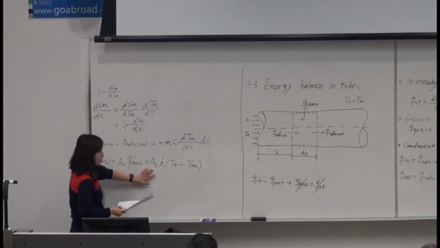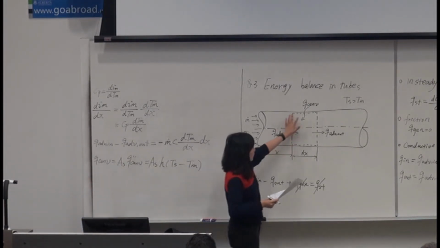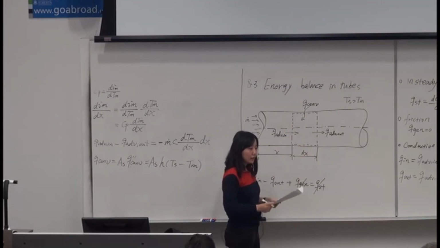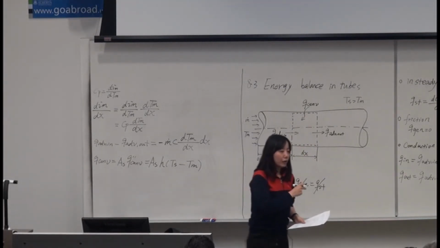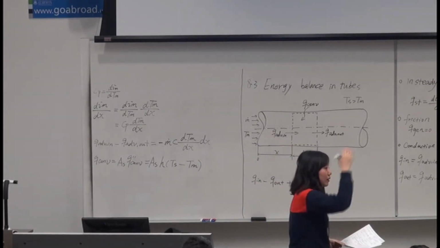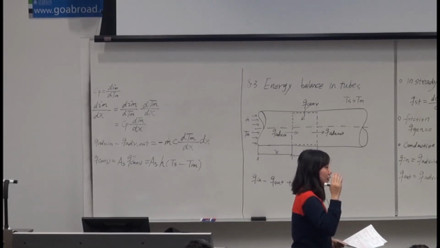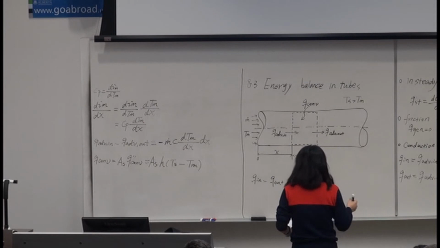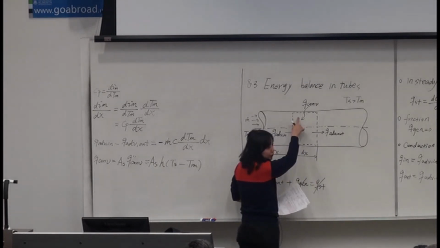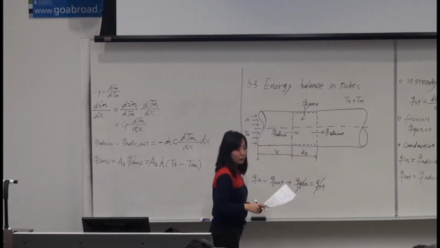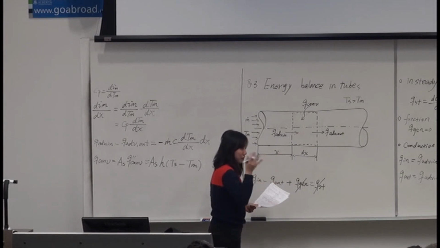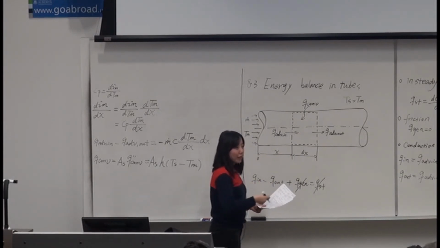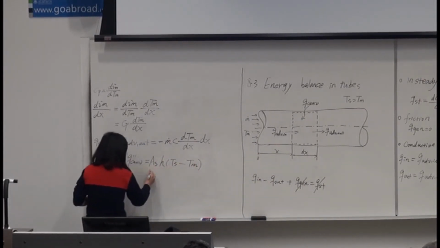How about the surface area? Inside this differential element, what's the area where convection happens? Like a cylinder, right? The side surface of the cylinder, not the cross-sectional area, because convection happens between the surface and the internal flows. For convection, always the surface area.